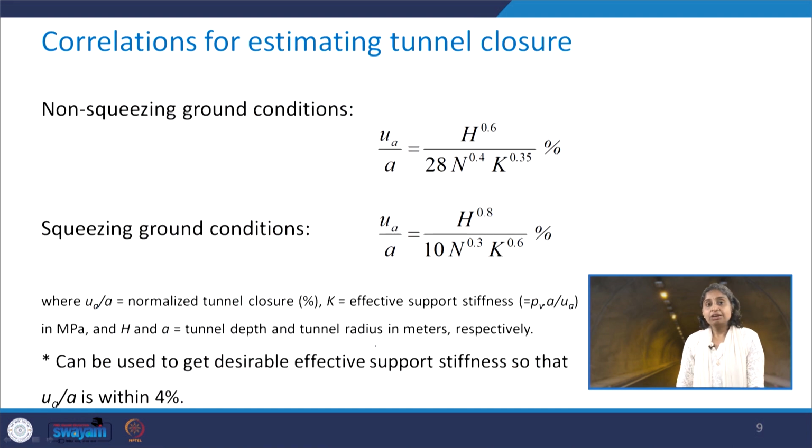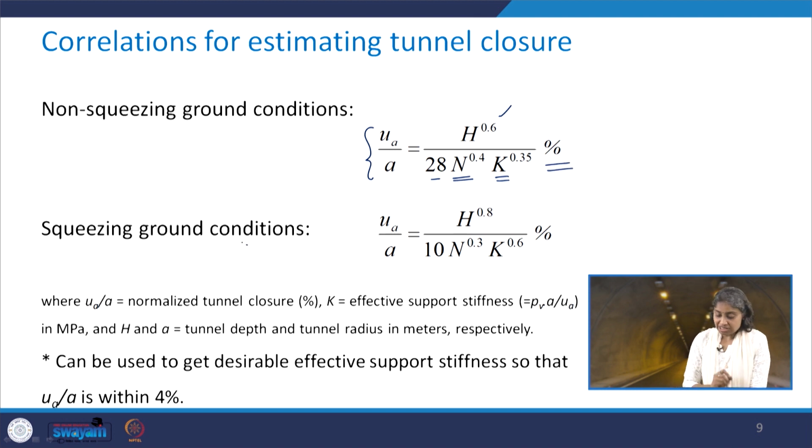In the non-squeezing ground condition, the tunnel closure can be determined by this expression: UA upon A is equal to h to the power 0.6 divided by 28 n to the power 0.4 into k to the power 0.35, and this is in percentage.